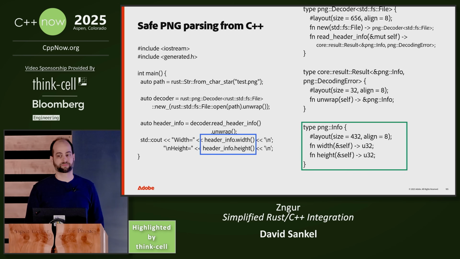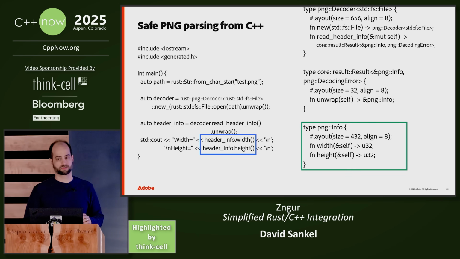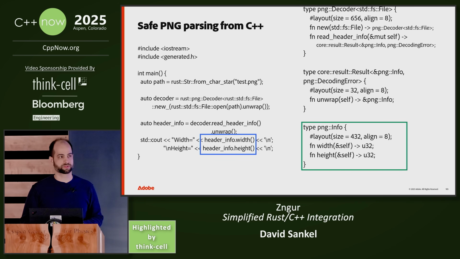Yeah. CPP value is something you put in your Rust code, right? CPP underscore value is something you put in your Zngur file. Oh, okay, I see. So this tells you whether you want to be able to access the C++ version of the Rust type from the Rust side through a reference.